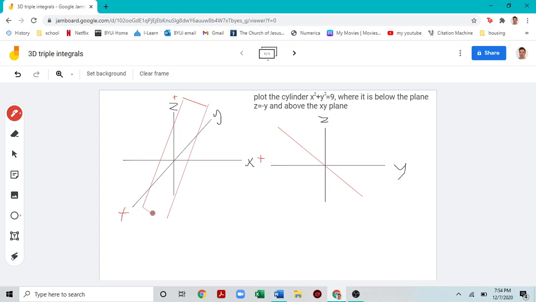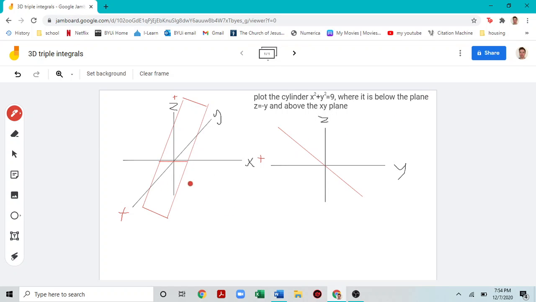Because it could be any amount of x value, it can go this way, this way, this way, and this way. Any x value can work, because it's not mentioned there yet. And so this is the plane, which we represent kind of like a rectangle. And it looks like it is cutting right there in the very center, and that's something we're really going to need to pay attention to.